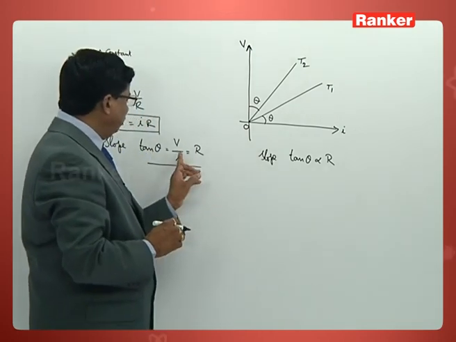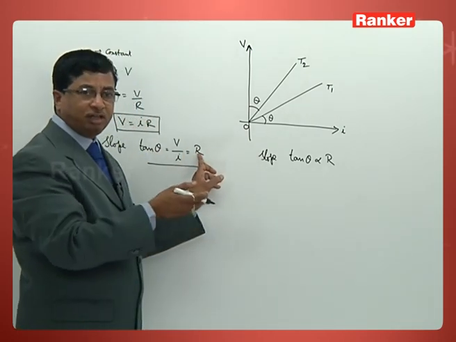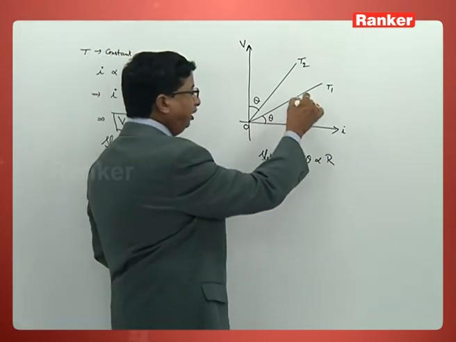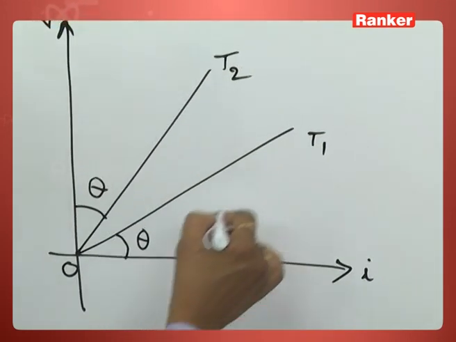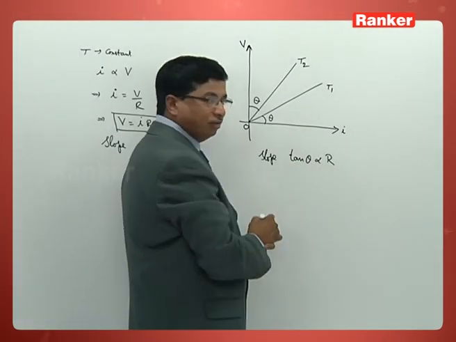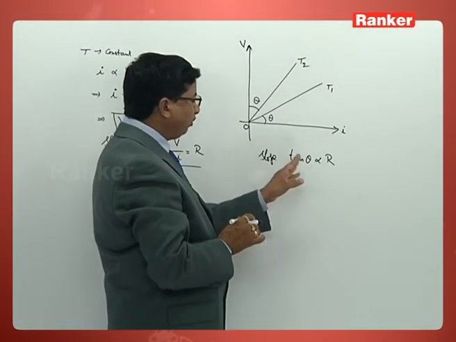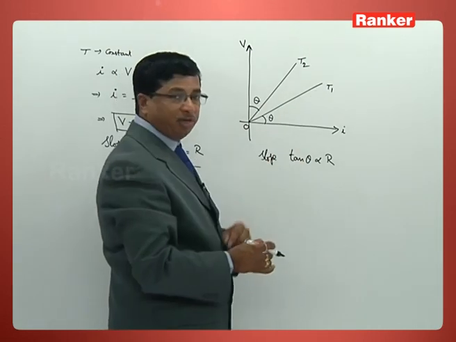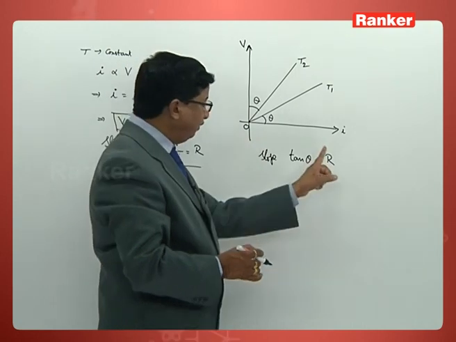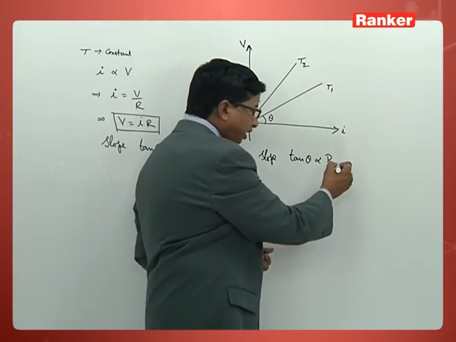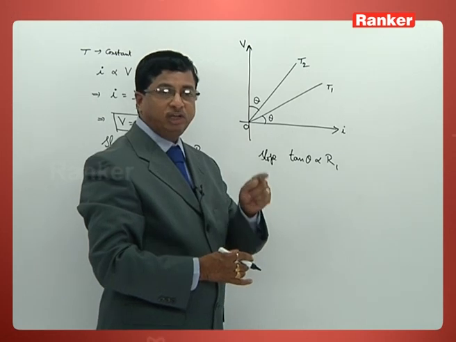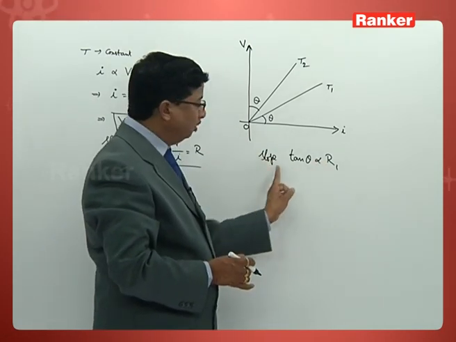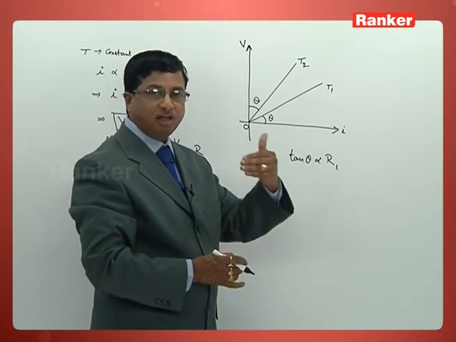This tan theta is nothing other than V by I, which is resistance R. So at this temperature T1, if I take the resistance as R1, then R1 is nothing other than the slope, which is equivalent to tan theta.